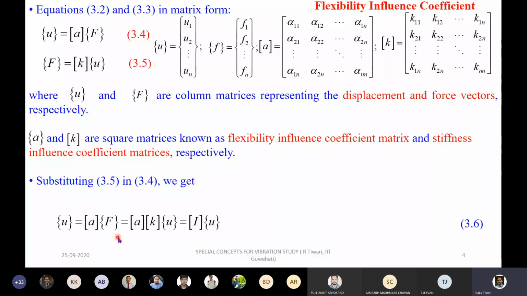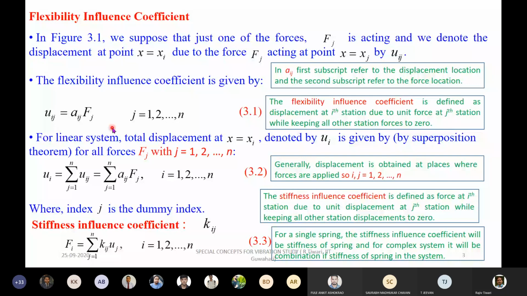Now, if you see the first equation, we can write this for i equal to 1. So this will be u1 is equal to, and there will be n terms here. So that means we got one expression.